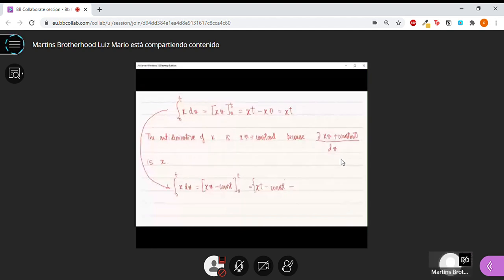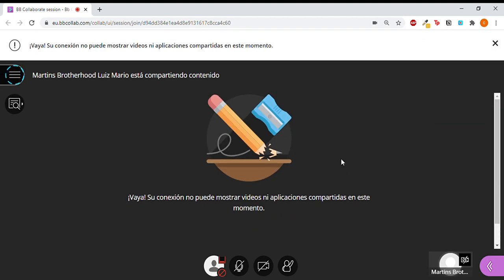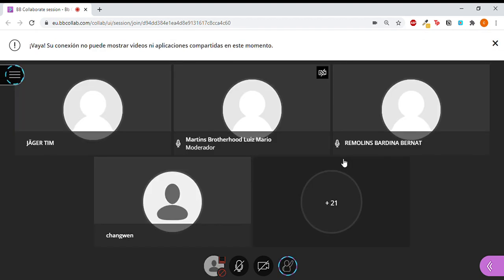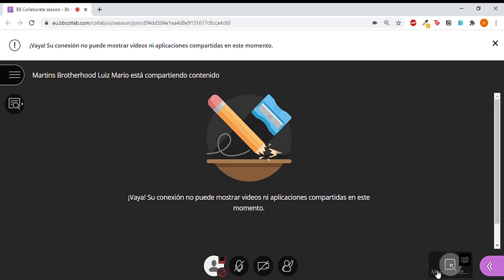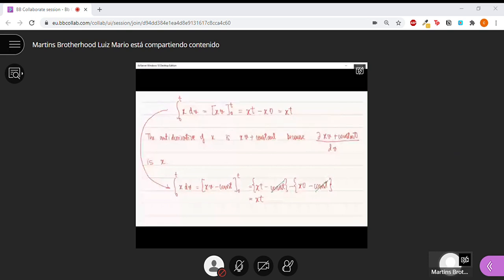That's x times 0 minus constant. I can cancel constant and constant. Okay, so the answer is just xt. So every time you are solving an integral and you have a definite integration limit, so from a finite lower bound to a finite upper bound, you don't need to think about the constant.